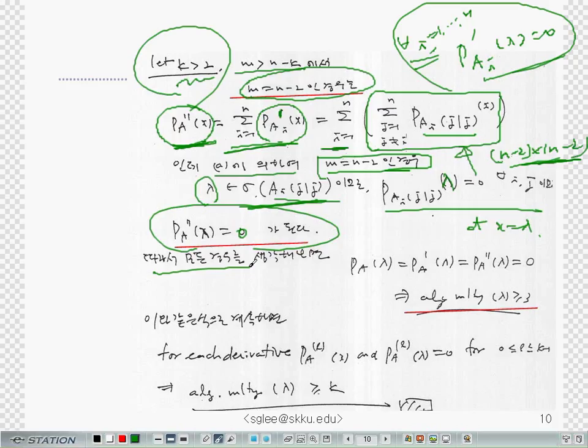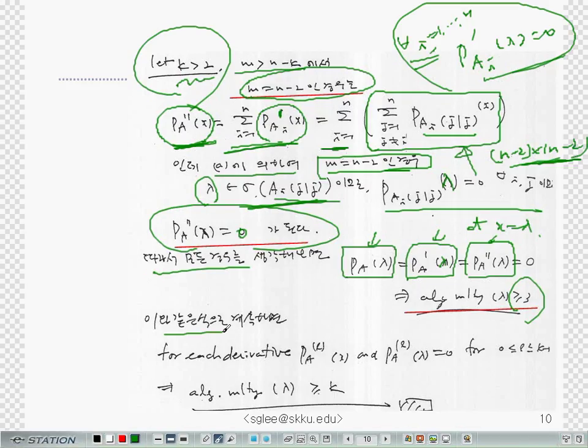So lambda is a root of the characteristic polynomial, it is also a root of the first derivative, and it is also a root of the second derivative of the characteristic polynomial. That means the characteristic polynomial has lambda as a root more than 3 times.